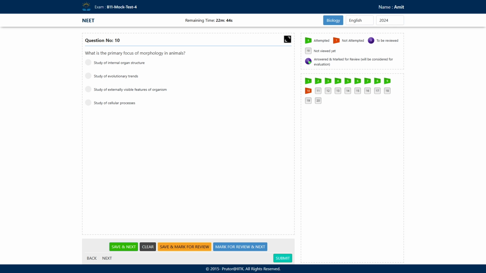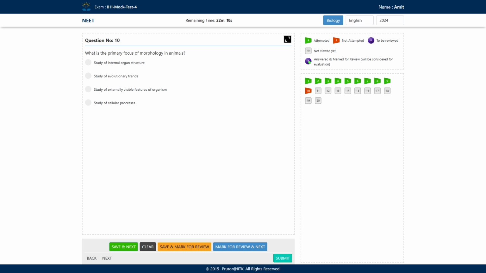We have studied the features of, like, what is the stem, what is the root, how it looks externally, not internally. In that chapter, we have studied the external feature of root, the external feature of stem, the external feature of leaves, then flowers, everything. How the plant looks from outside, not from inside.